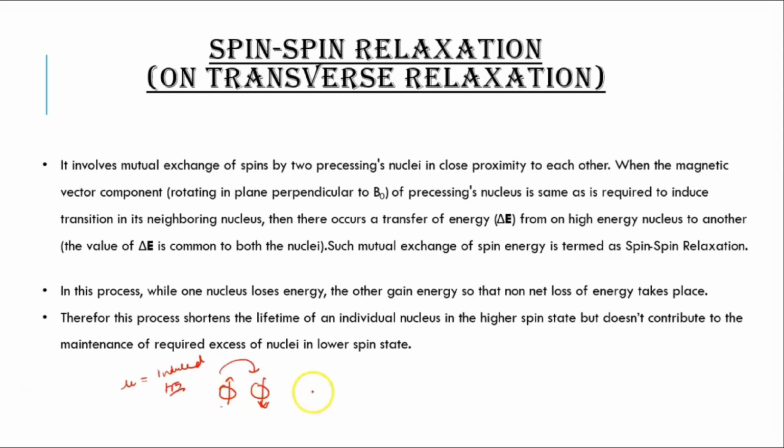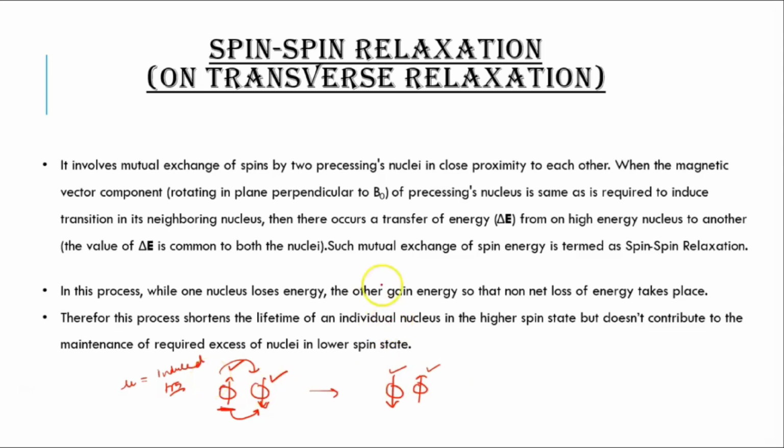The transfer of energy takes place, which means कि ये वाला जो spin है वो अपनी energy transfer कर देगा इस spin को, and therefore उसकी orientation को change कर देगा like this, and इसकी खुद की orientation भी इसके respect में change हो जाएगी like this. So the first one, which was parallel to the applied magnetic field, will now become anti-parallel, and the second one will become parallel. So this is how the mutual exchange of energy is occurring.